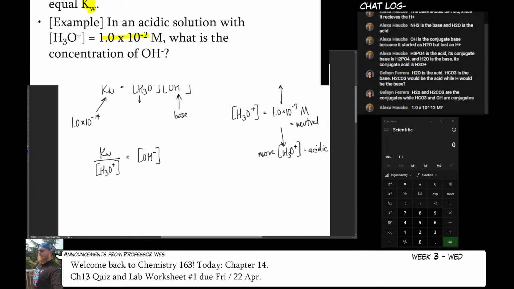And so that would be just that, right? And when I divide, I subtract the exponents for powers of 10. And then we append the molarity unit afterward for our concentration.